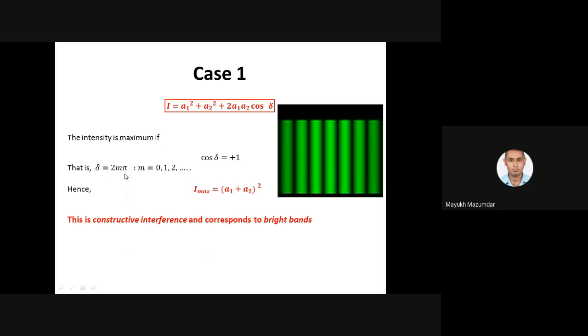But that means delta is this much. Now for the central bright fringe, m has to be 0, which gives us that it is the place of maximum intensity. And this is what we call constructive interference. Clear, everyone, what we have done?